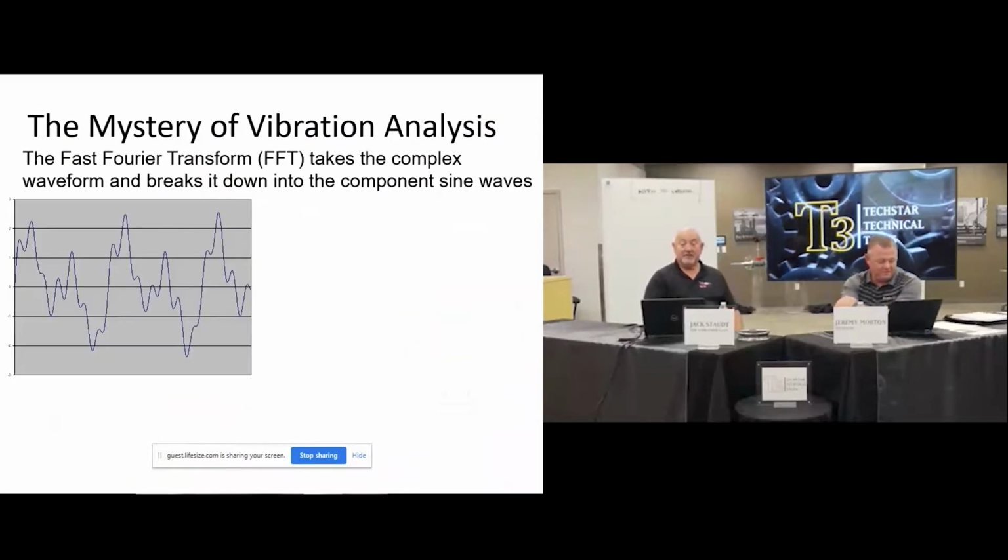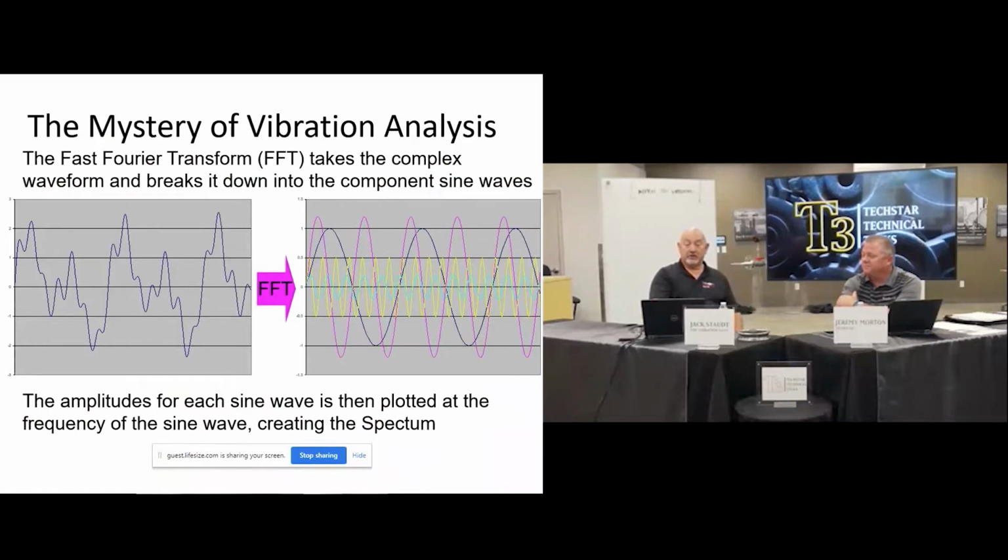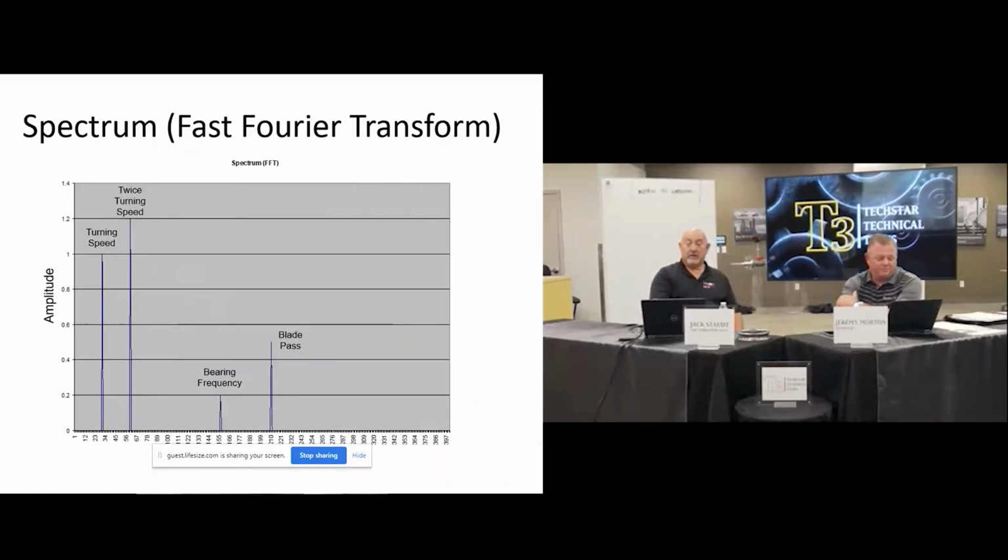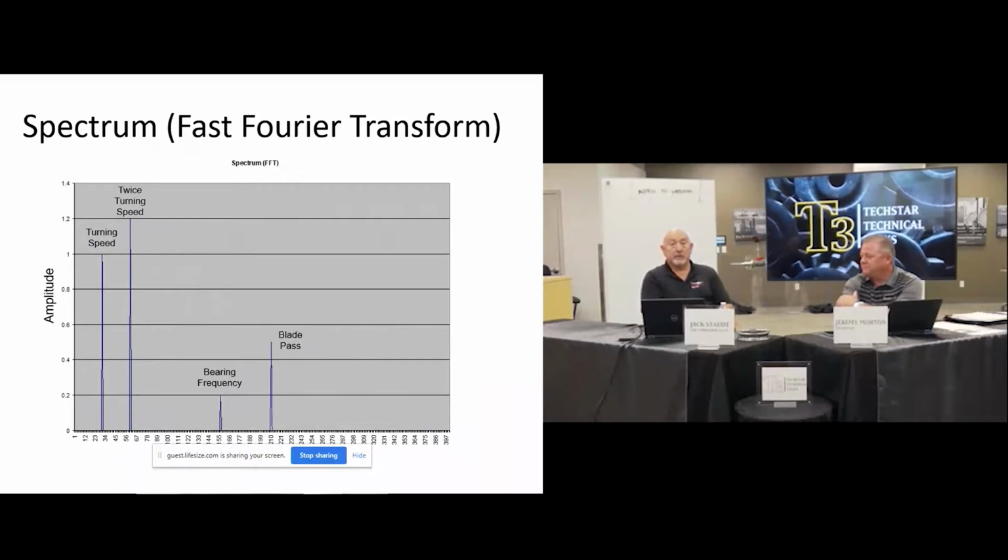Yeah. So the mystery of vibration analysis using an FFT: we take the time domain and we convert it to frequency domain, and we come up with our spectrum, which gives us frequency and amplitude.